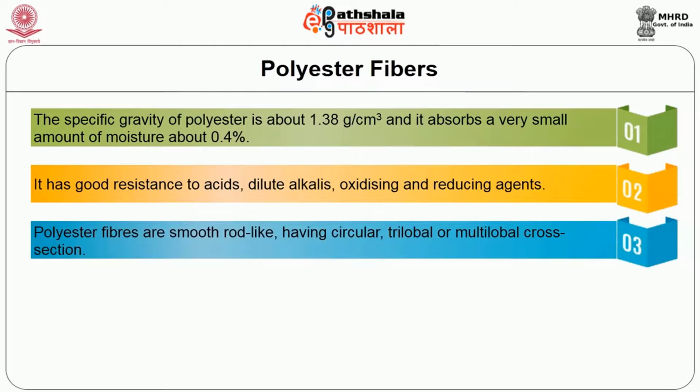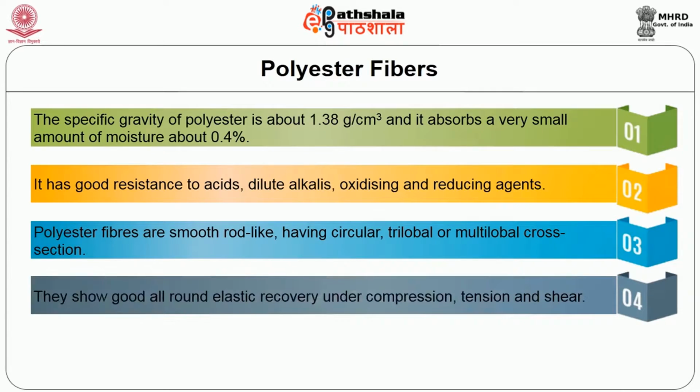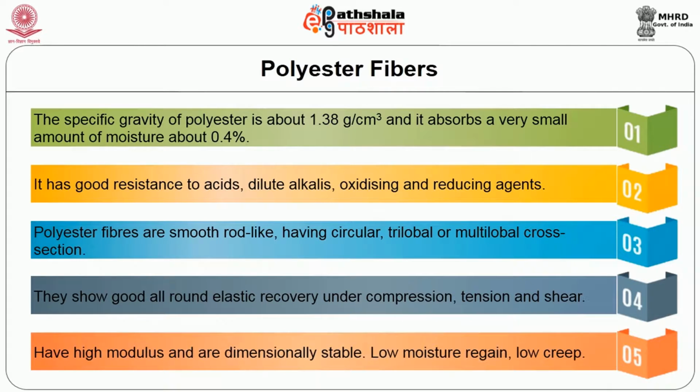Polyester fibers are smooth, rod-like, and have circular, trilobal or multilobal cross-section. They show good all-round elastic recovery under compression, tension and shear. They have high modulus and are dimensionally stable, with low moisture regain and low creep.